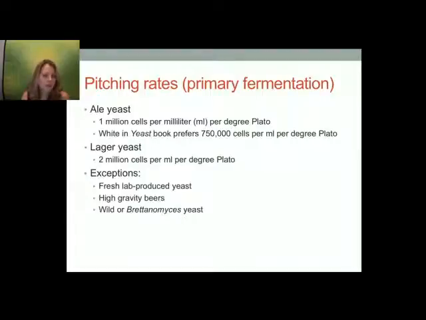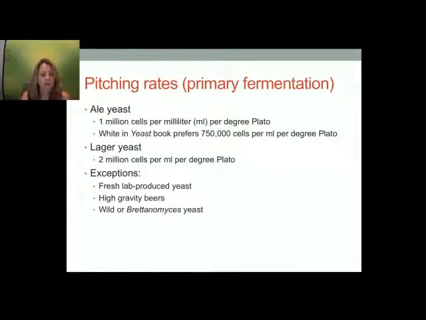Both pitch rates will certainly produce beer, but depending on which one you use, it may alter the flavor components and other characteristics of that beer. For lager yeast, 2 million cells per milliliter per degree Plato is the recommended pitch rate. These are the two major classes of yeast used in most beer. However, there are some exceptions to these rules.